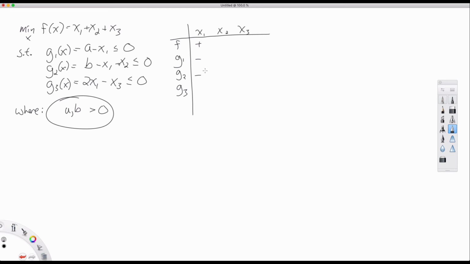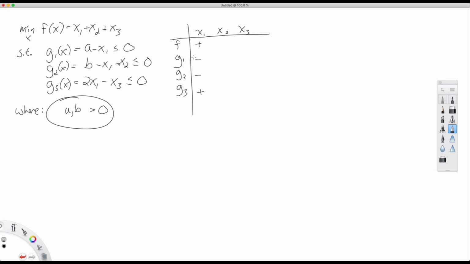And then g3, that's positive. If we have a look at the signs here, it's clear that f is going to be bounded with respect to x1, but it's not clear whether it's g1 or g2 that's active. Either one of those could be the active constraint. With this set of information, we really can't say anything about the activity of g1 or g2.